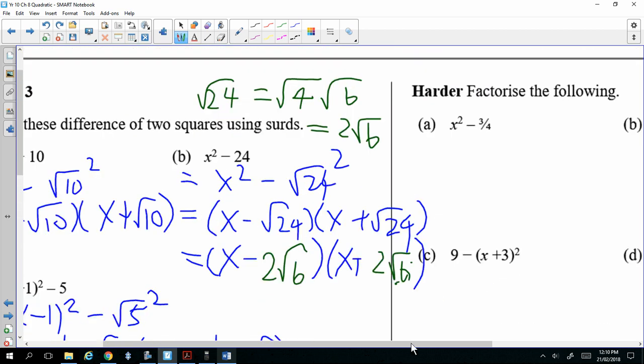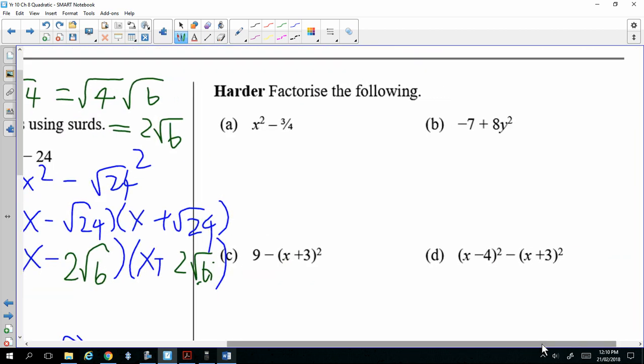Factorize. So we have fractions. So what do we do? Fraction, we do exactly the same thing. This is not a perfect square. So you have to write that as x squared minus square root, the whole thing, but put a square on top. Then it becomes a difference of 2 squares, right? Make sure your square root is long enough to include the denominator as well, okay?